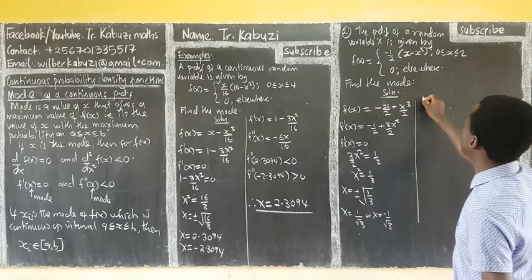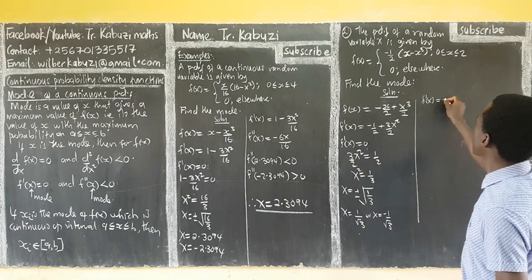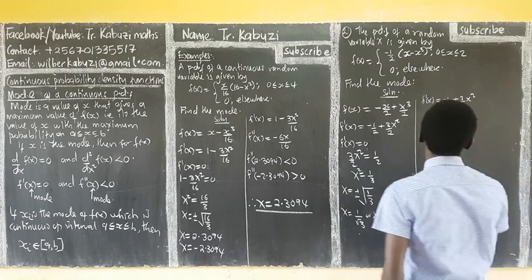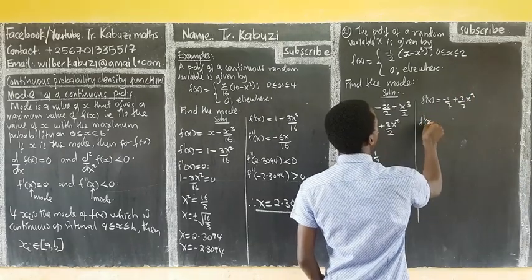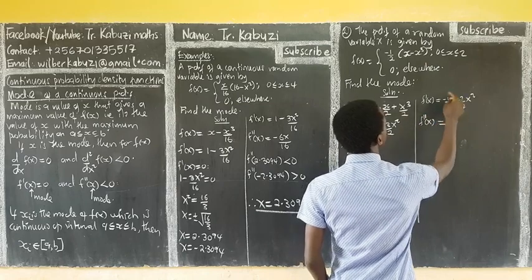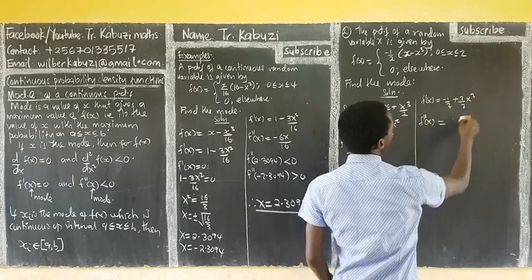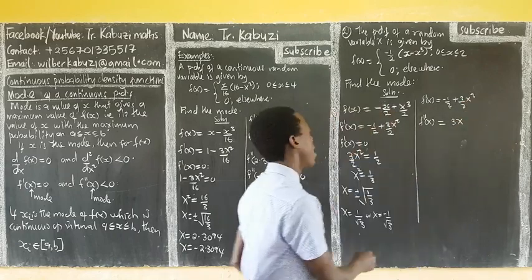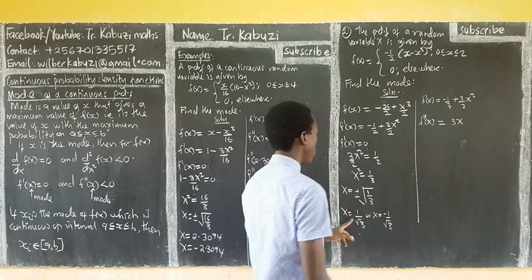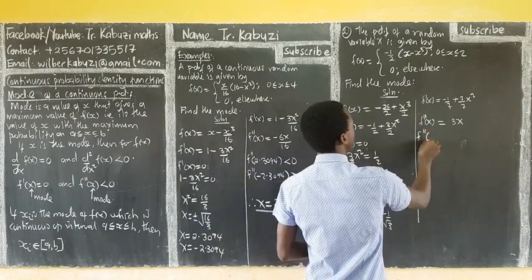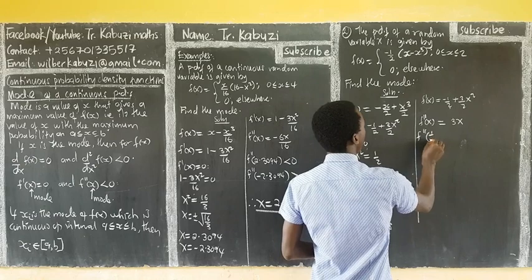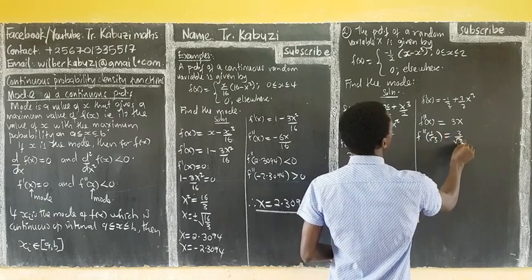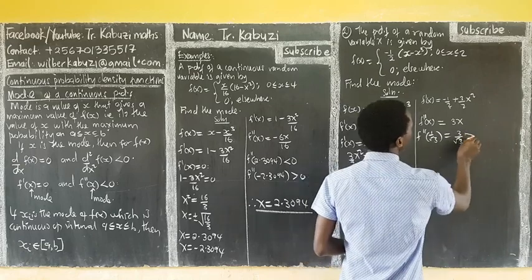My first derivative was negative a half plus 3x squared over 2. To get the second derivative, when I differentiate the second time, the constant goes to 0, and we are left with 3x. Now we test using both values. When I put in 1 over root 3, it will give me 3 over root 3, which is positive, greater than 0.